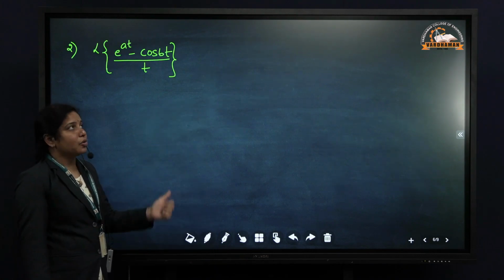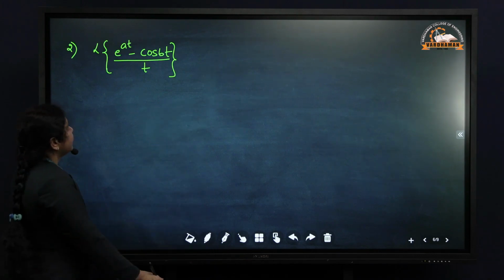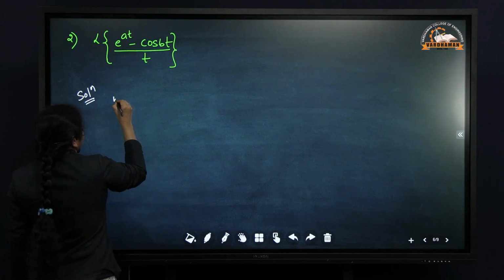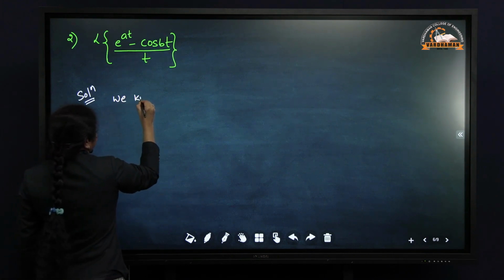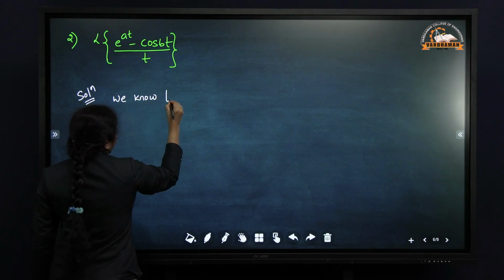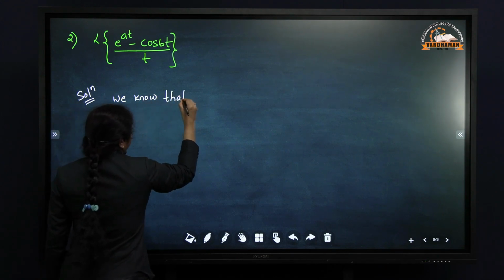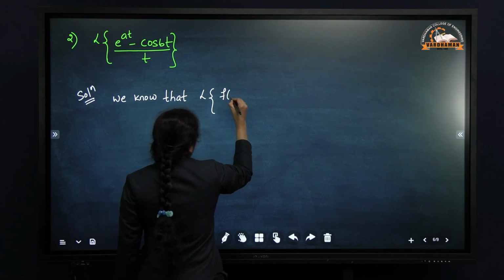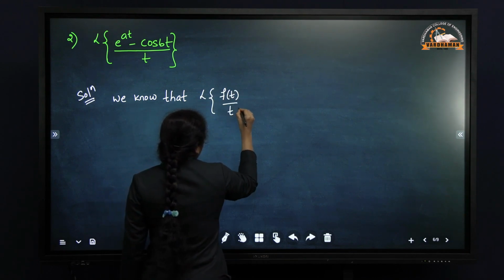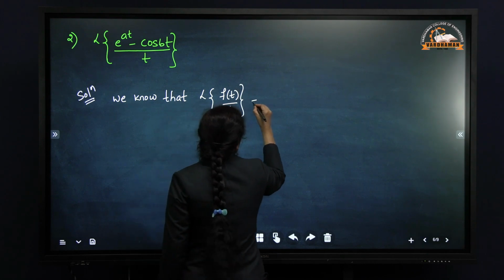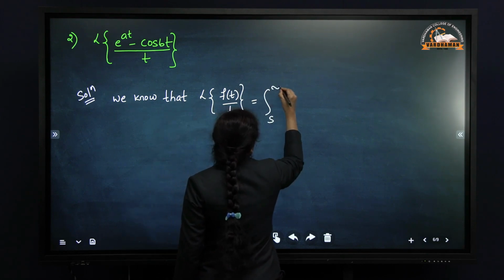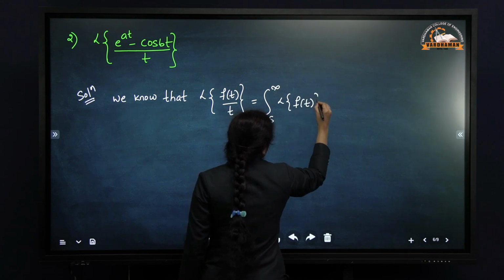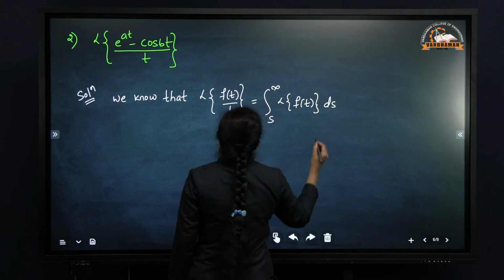Now let's see one more example based on division by t. By division by t, we know that the Laplace transform of f of t by t equals the integration from s to infinity of L of f of t ds.